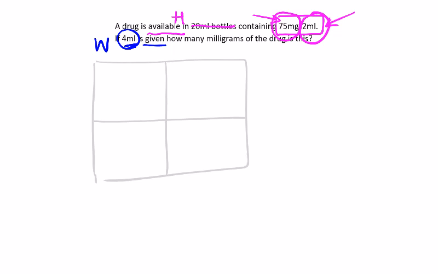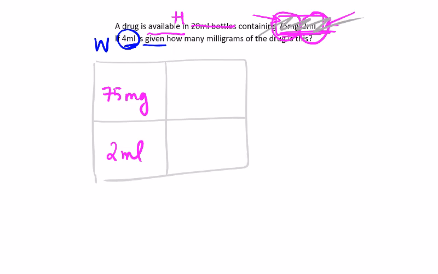Always start with that have. So 75 milligrams per 2 mils. Units in every time. So that information is in. The only piece of information we have left is the 4 mils, and those 4 mils are matching with one of these two, top or bottom.